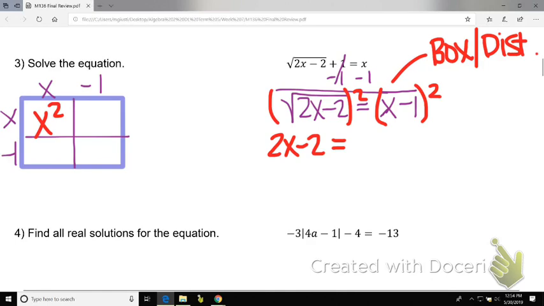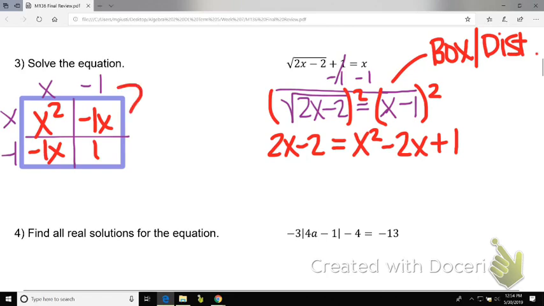And then x times negative 1, negative 1x. Negative 1 times x is negative 1x, and negative 1 times negative 1 is 1. So on the right-hand side of the equation, we would have x squared minus 2x plus 1. That's what we get from there.